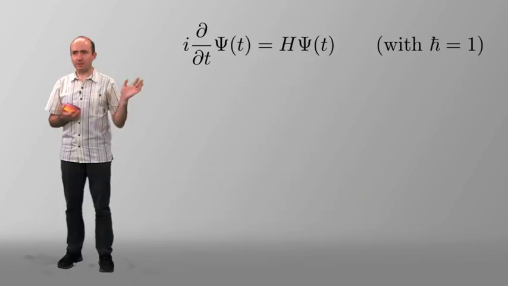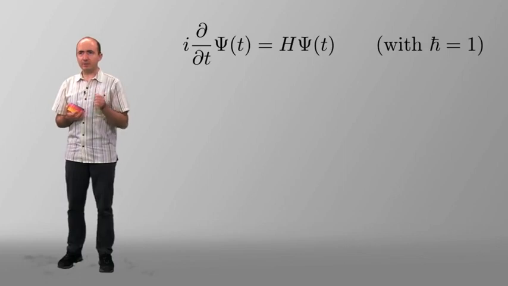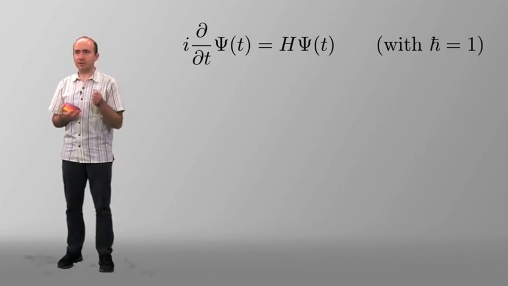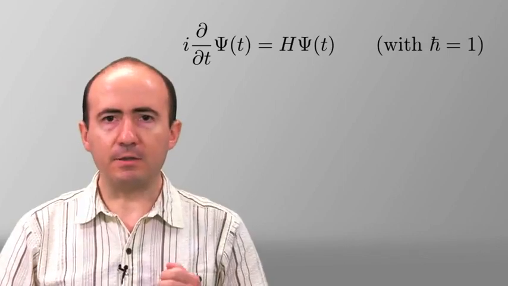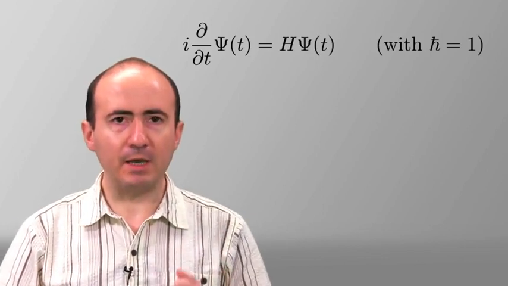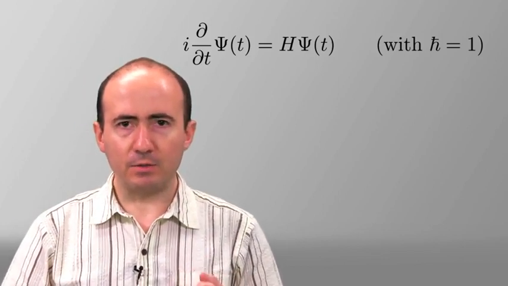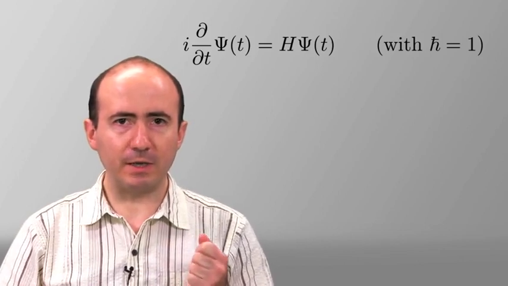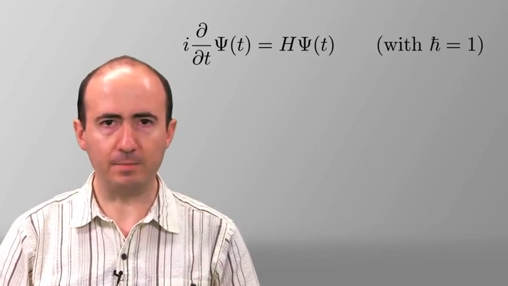So, if we fix this wave function psi of t equals 0 to be equal to psi 0 at initial time, it evolves in time according to the Schrödinger equation displayed here, which is i times d psi over dt is equal to H times psi, and here H is the Hamiltonian of the system, and we have also fixed the constant h bar to be equal to 1.